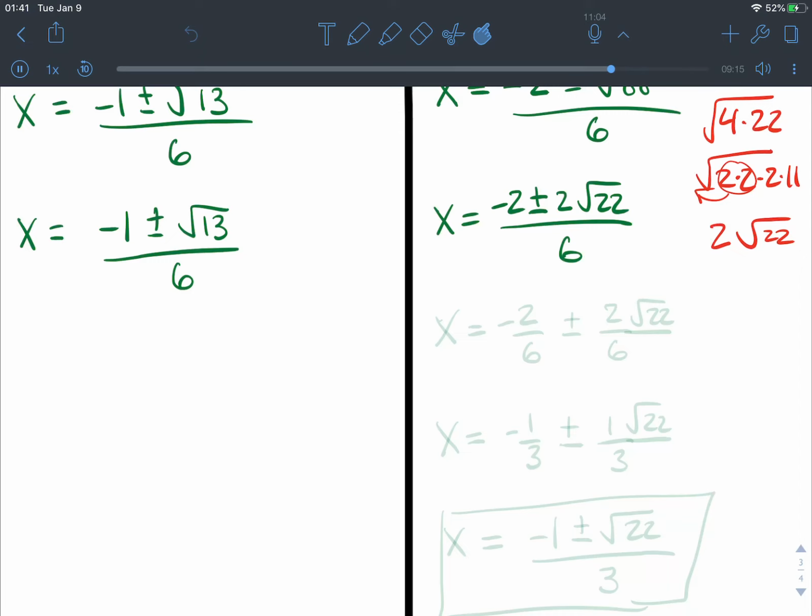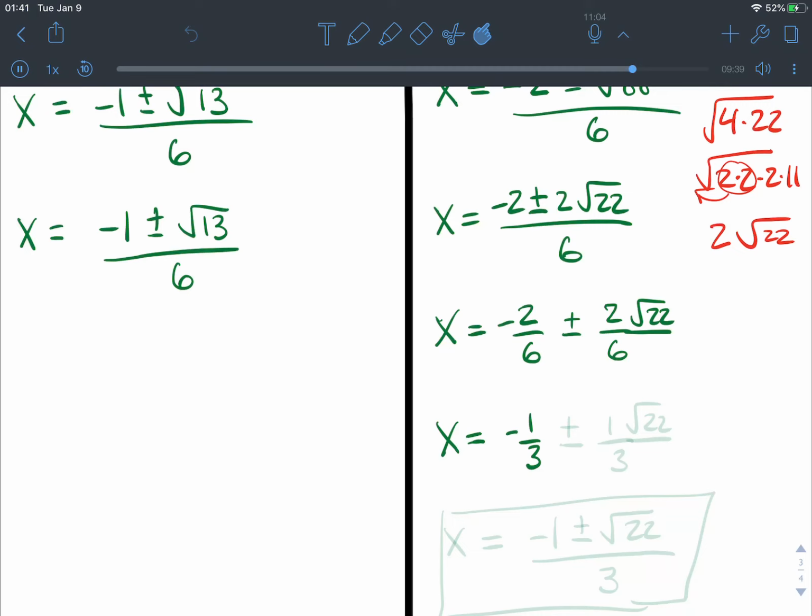And what we can do next is this. We can separate them because they have the same denominator. We can say -2 over 6 plus or minus 2 over 6, and don't forget the square root of 22, and we can actually reduce that. And I know you guys are sitting there thinking like, this is ridiculous.